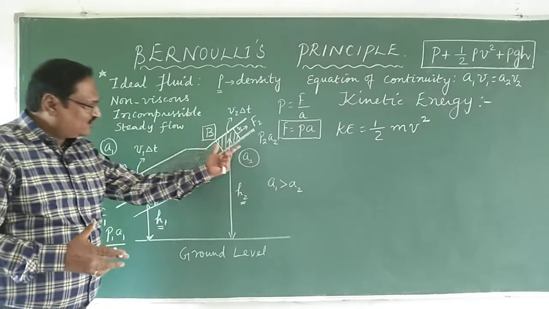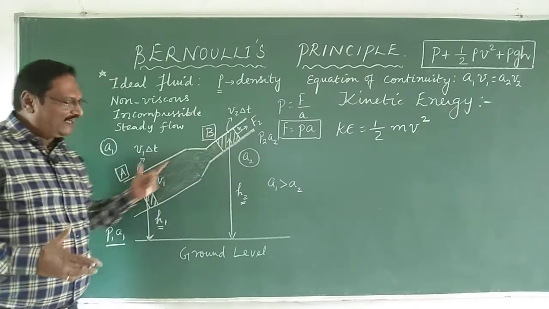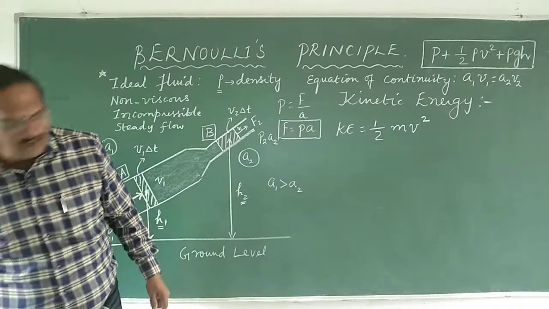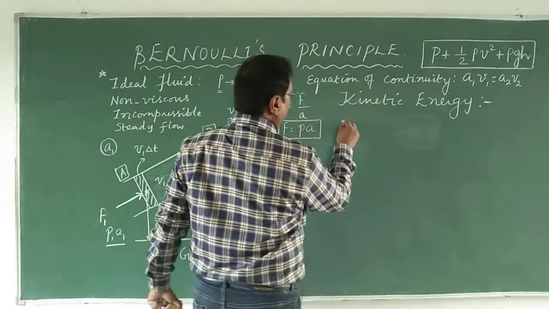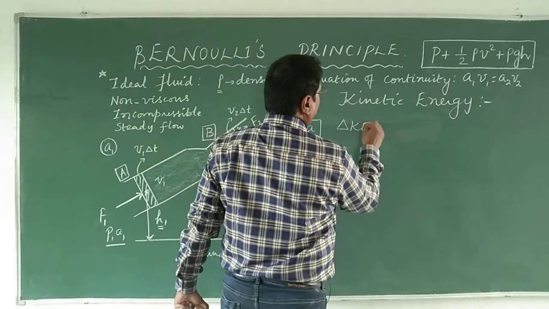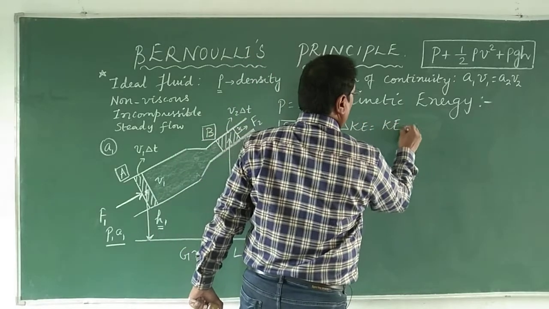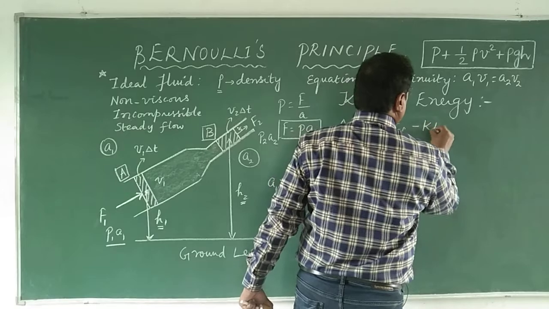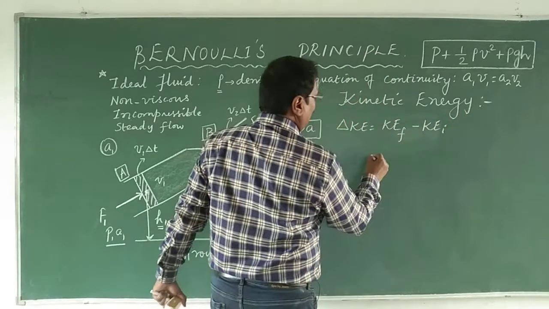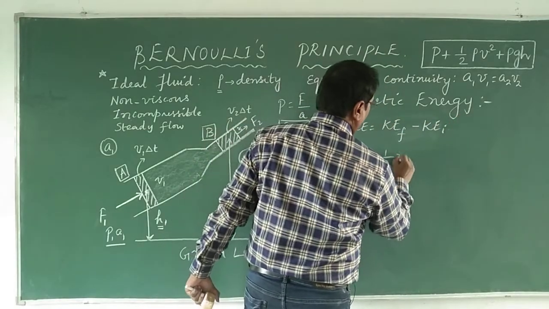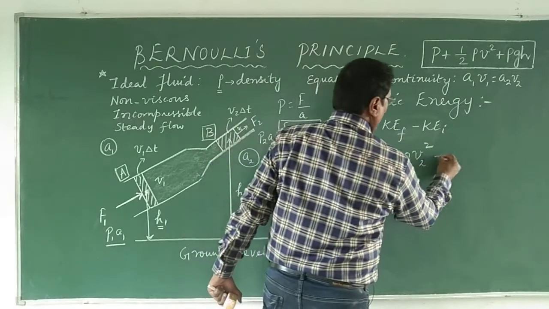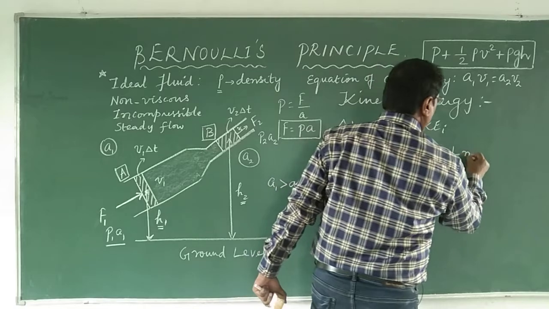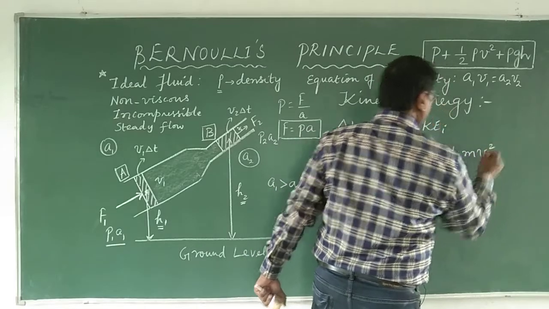The difference in kinetic energy is final kinetic energy minus initial kinetic energy. So I will write here the discussion of kinetic energy. Change in kinetic energy is equal to kinetic energy final minus kinetic energy initial, which is equal to half mv2 square minus half mv1 square.